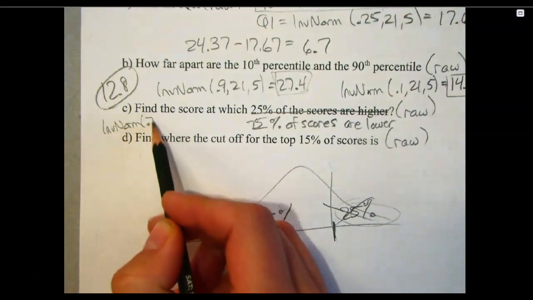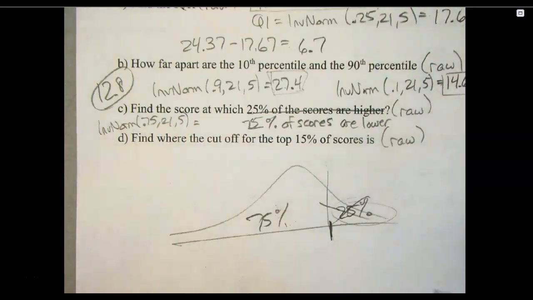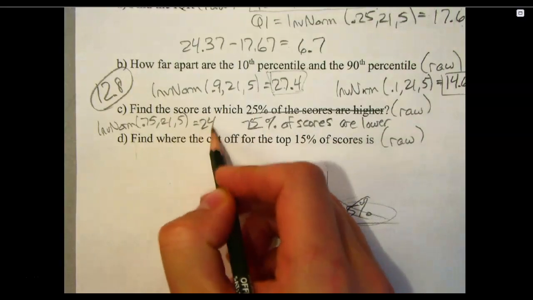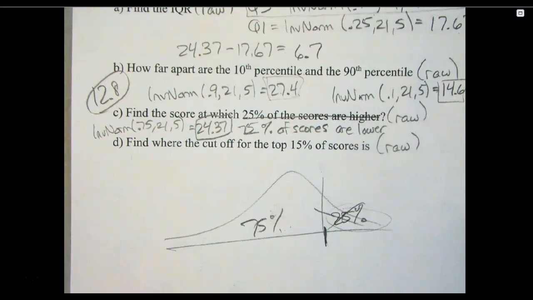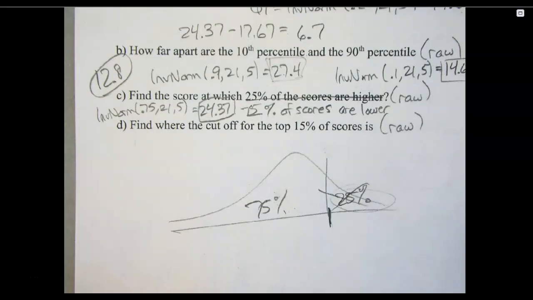So you're going to go inverse norm 0.75, which we already have, right? Did that in part A, that's 24.37. So you just gotta understand, if it says higher, you can't do that problem. So you gotta switch the problem to lower. So do part 2D.